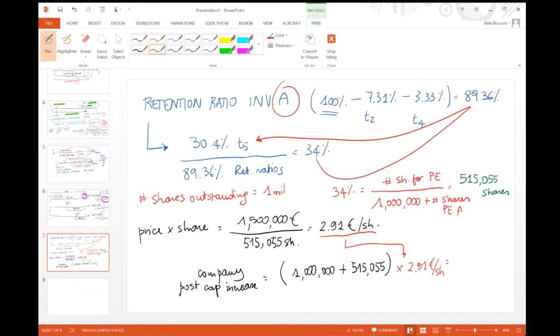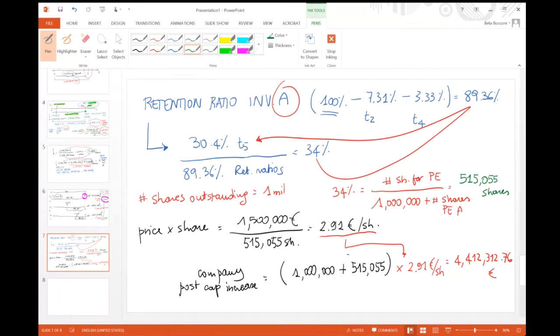So, as you can imagine, the value of this company will be, roundings apart, 4,412,312.76 euros.